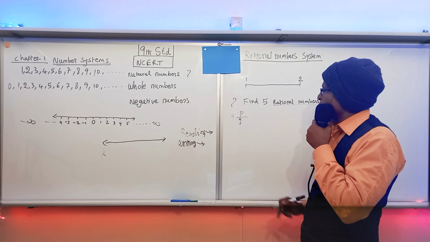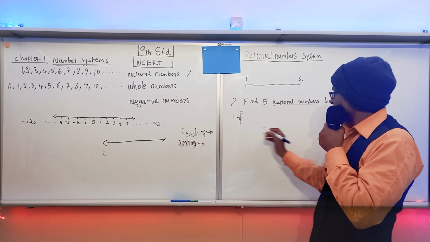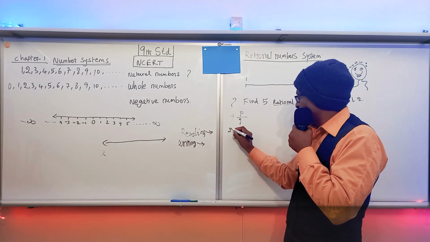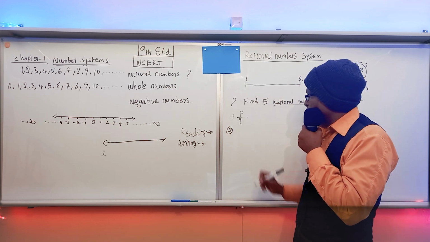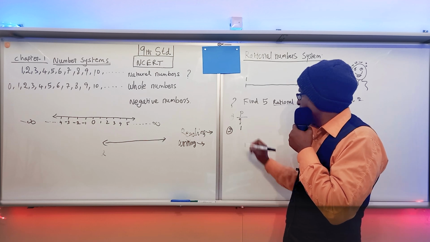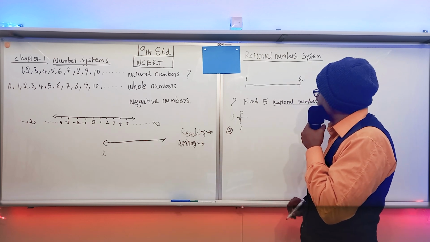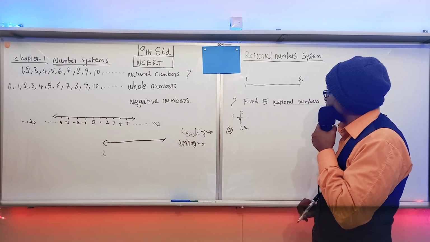It has to be integer. So we are given 1 and 2. So what do we do? We try to apply these numbers to this specific P and Q ratio. So I got 1, I got 2. What do we do?